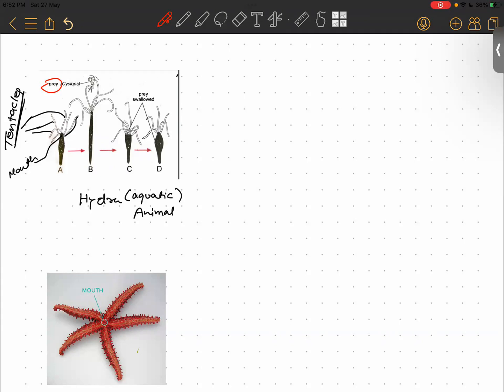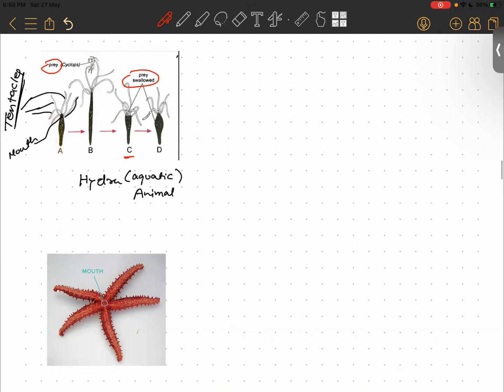And what happens after the prey has died? They swallow the prey. In figure C, you can see the prey has been swallowed by this hydra. So that is how hydra, which is an aquatic animal, takes up nutrition.